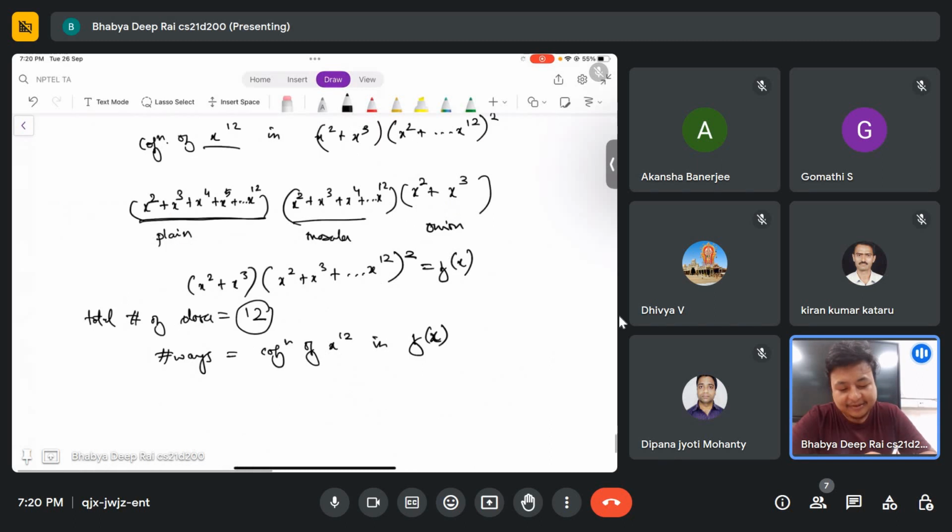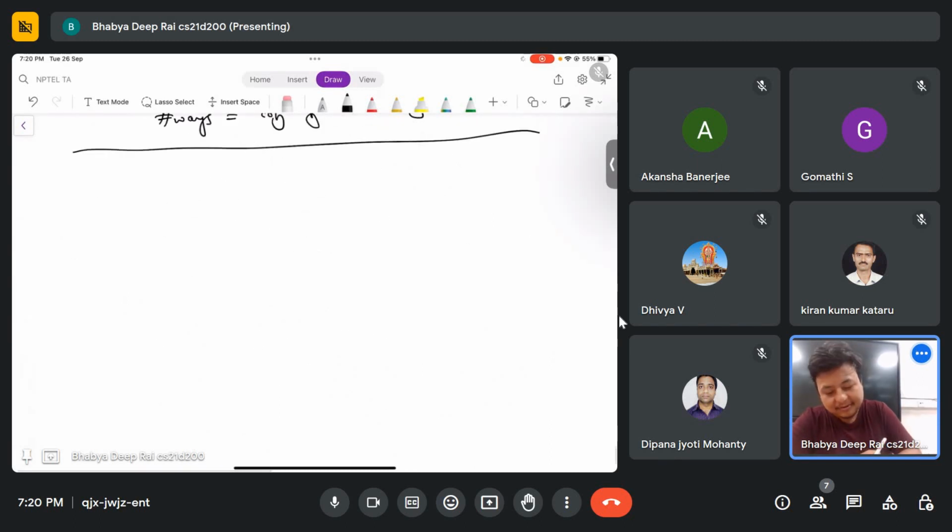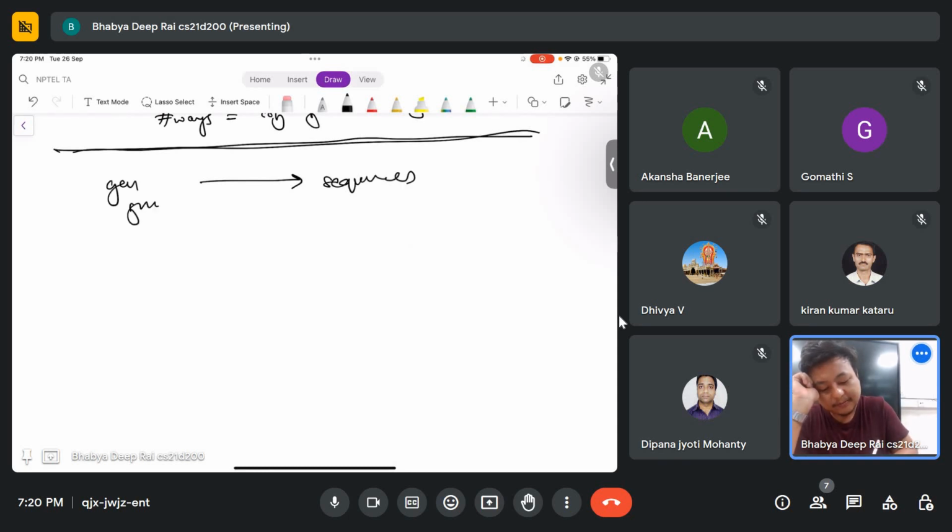Well, just quickly, generating functions. I'll just conclude it. Generating functions are used to generate sequences. That is one application. But another good aspect that we saw of generating functions is to do counting.